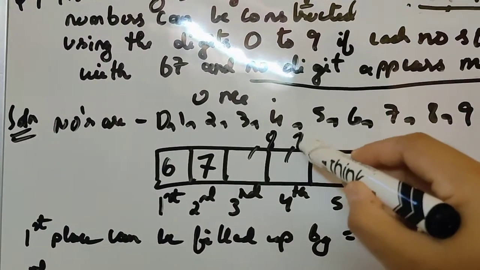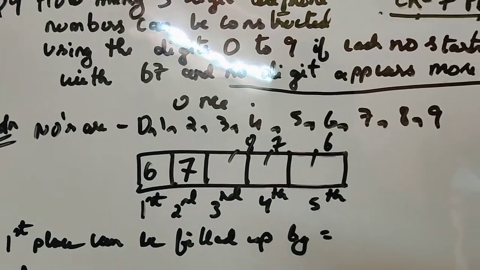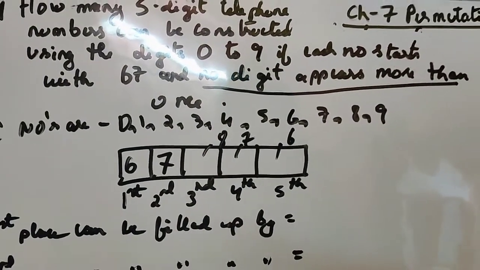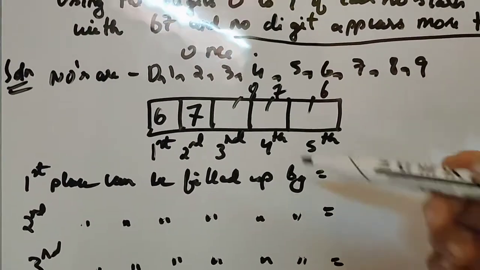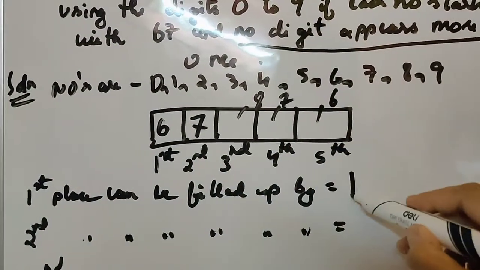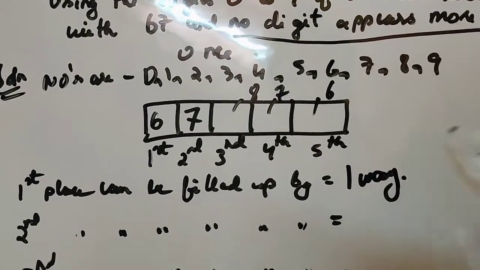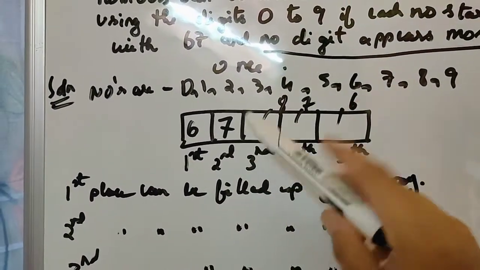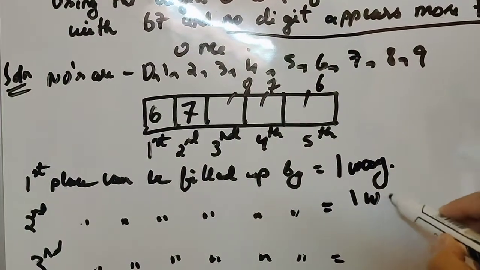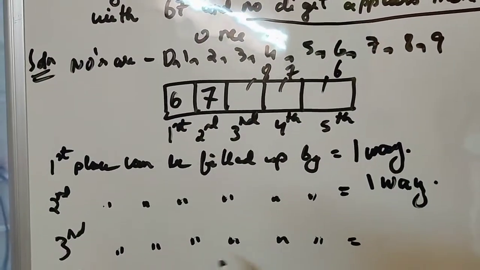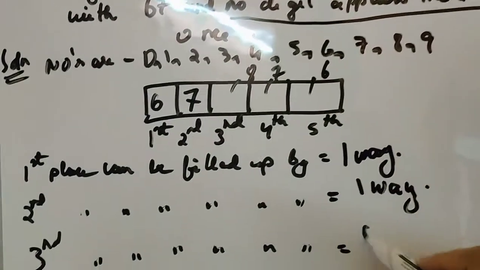That means it will be 7 ways. Here will be 6 ways, because numbers cannot be repeated. So the first place can be filled up by only one number, that is 1 way. The second also only with 7, I cannot use any other number, so it is also 1 way. The third place can be filled up by 8 ways.